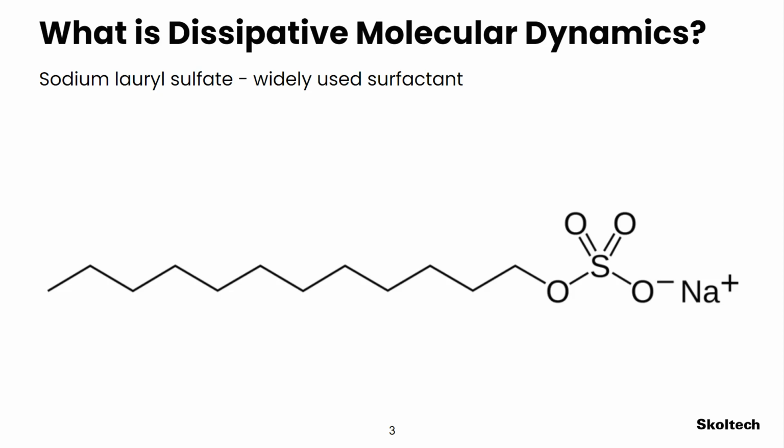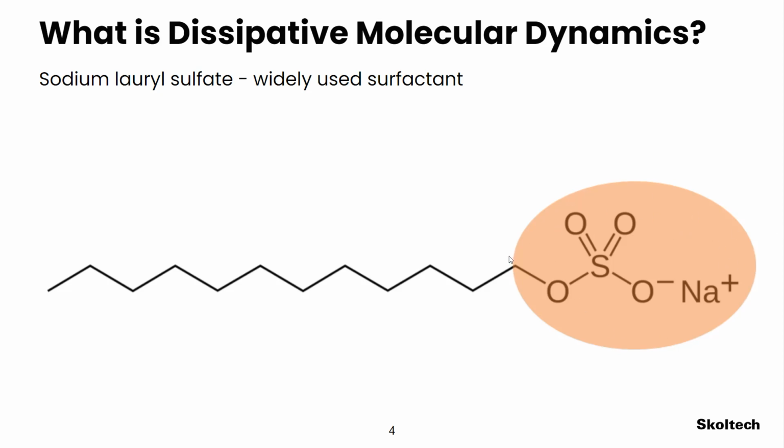In this method, sodium lauryl sulfate, for instance, is represented as a collection of spherical particles, so-called beads. It doesn't matter from which end we consider our molecule, but in our case, we will start with the hydrophilic group, an orange sphere.